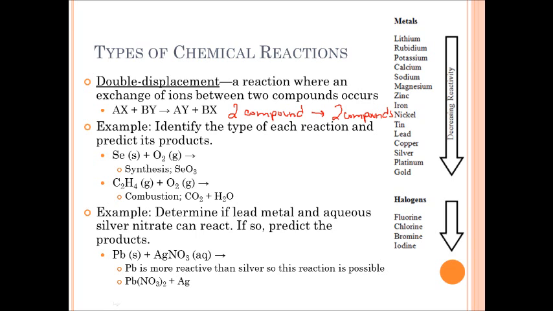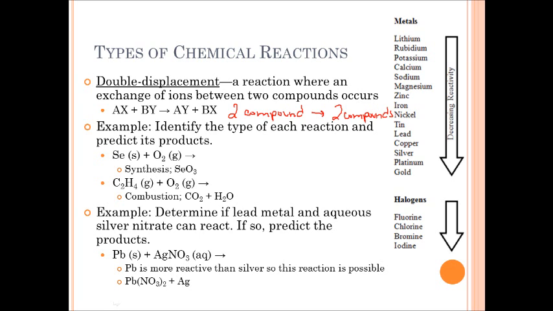Well, if we look at our first example, we could see that we have selenium and oxygen. And these are going to combine together to give us a product, because we have 2 elements basically.